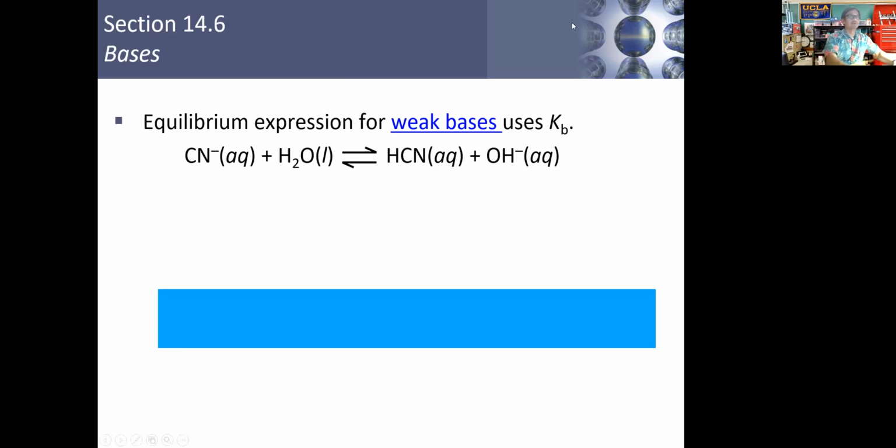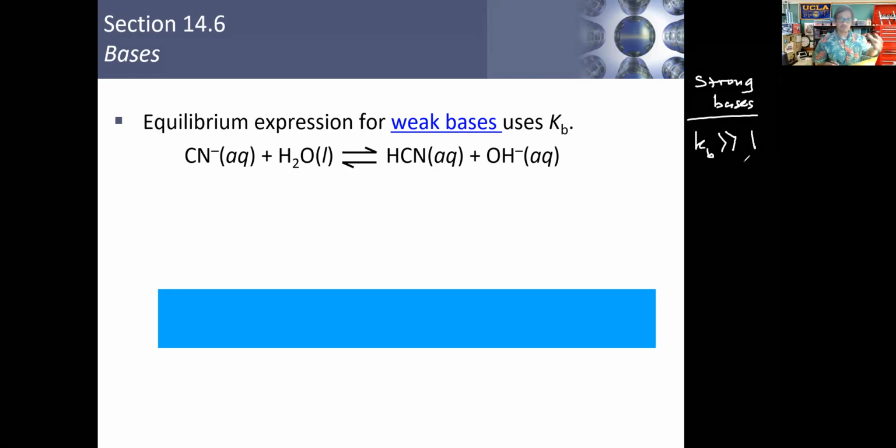It's rare that we define the Kb for strong bases, but for strong bases, Kb tends to be much greater than 1, in much the same way that with strong acids, the Ka was much greater than 1. So the larger the Kb, the stronger the base.